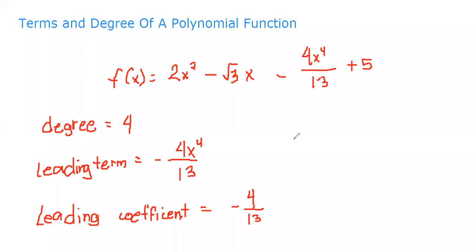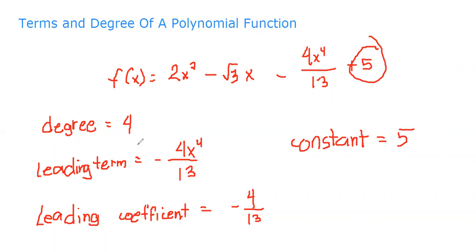Then, the last one is the constant. Pag sinabi nating constant, ito lang yung number, nag-iisang number, walang kasamang variables. So, in this example, we have a constant na positive 5. So, si 5 lang ang ating constant.